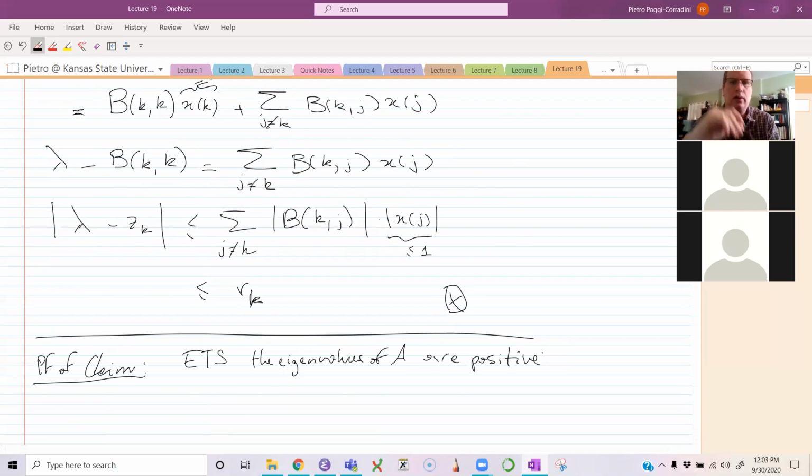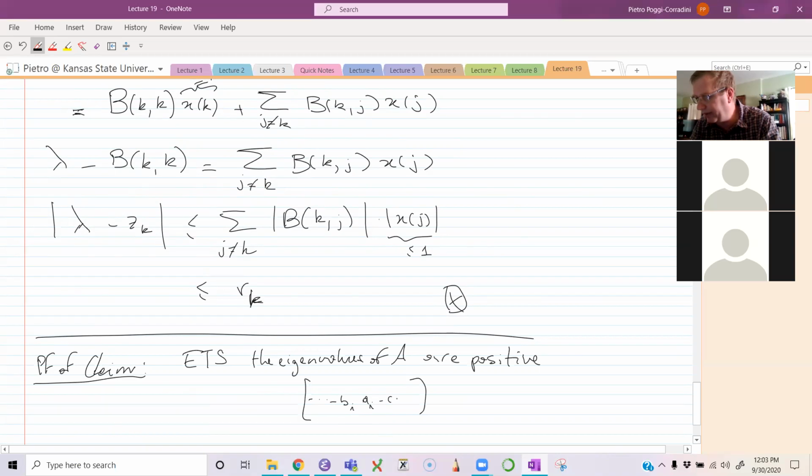All right. So, what are the rows of A? The rows of A, if you remember, there's a minus Bi, there's an Ai, and there's a minus Ci. So the rows of A look like that.